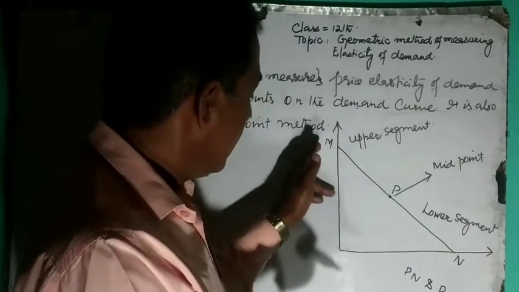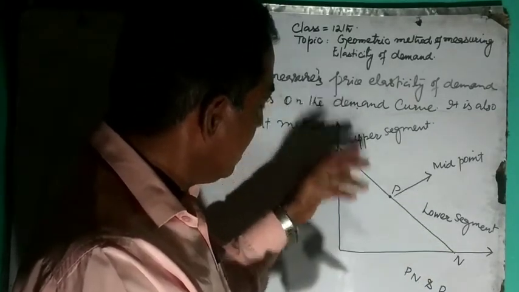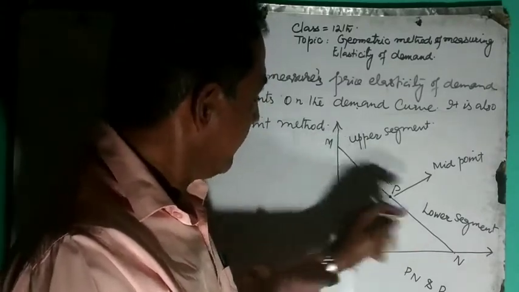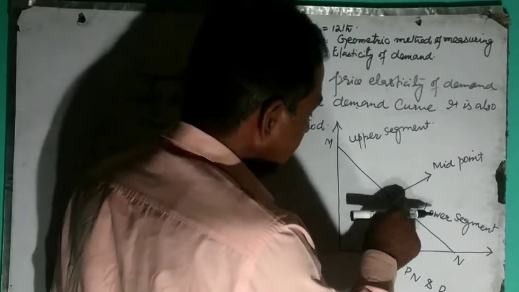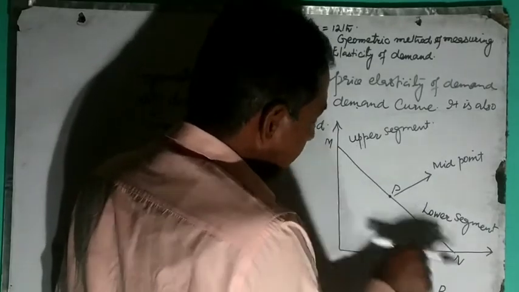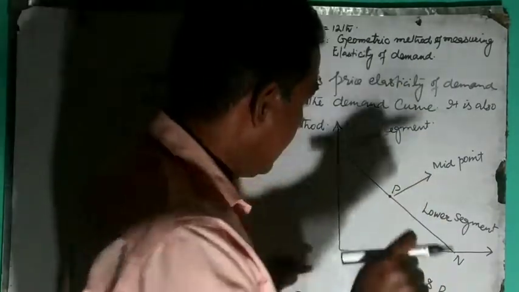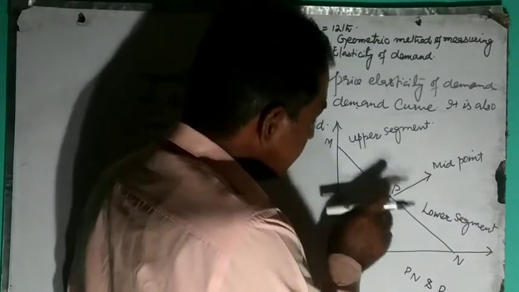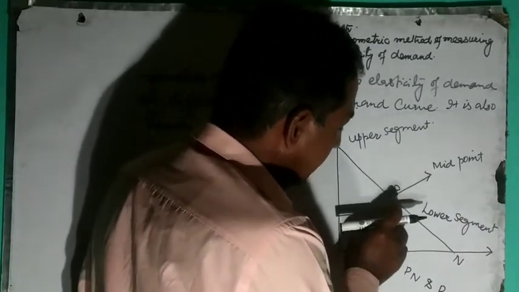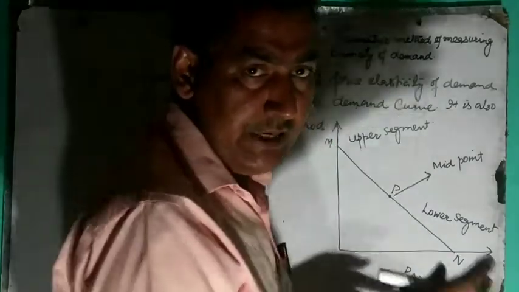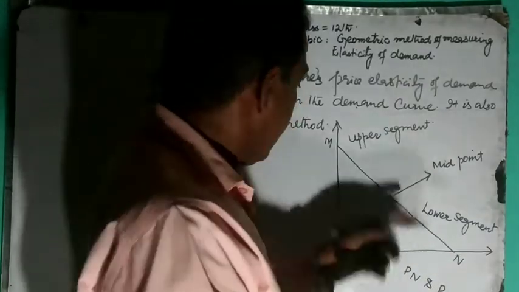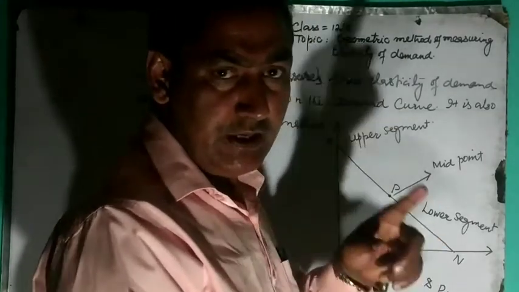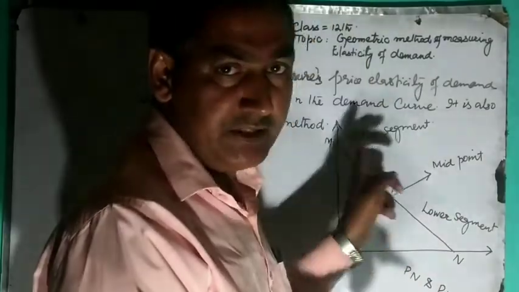Let it be Mn. Let a point P be in the middle of the demand curve Mn. P divides the curve Mn into equal parts, Pn and Pm. This lower part is known as the lower segment of the demand curve and this Pm is known as the upper segment of the demand curve.